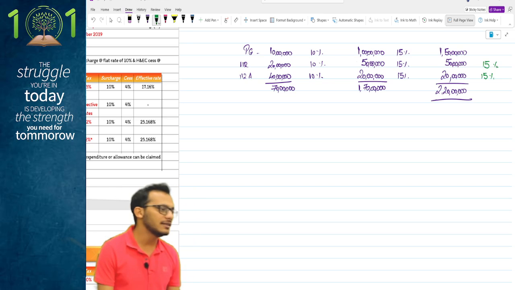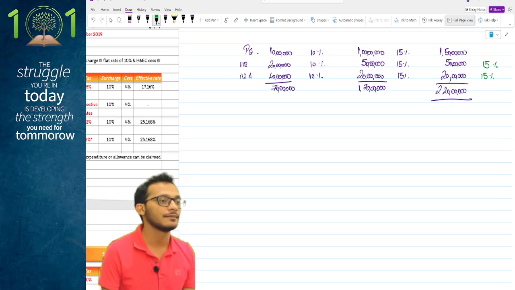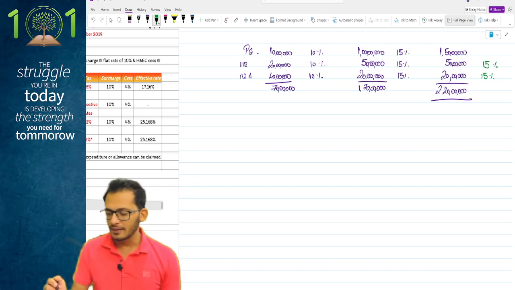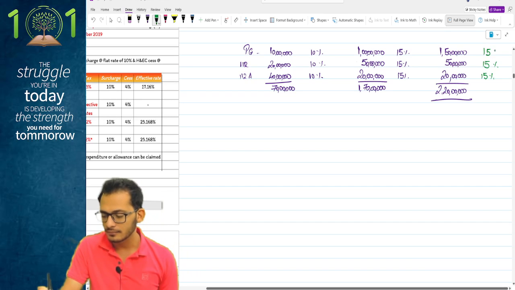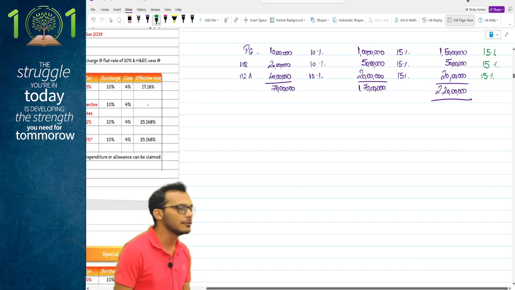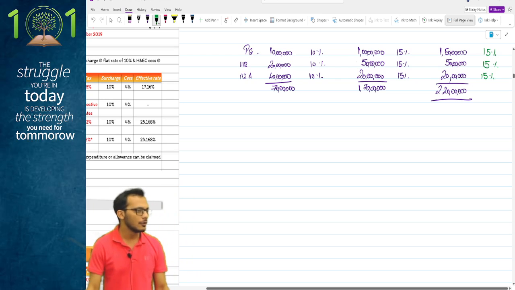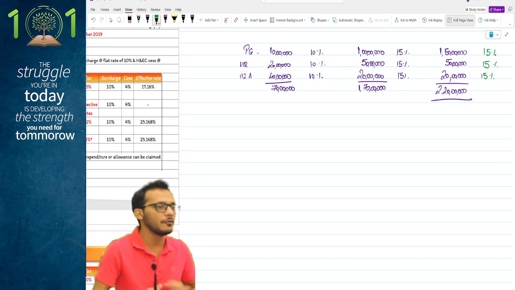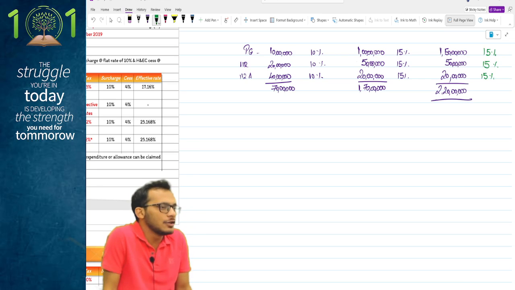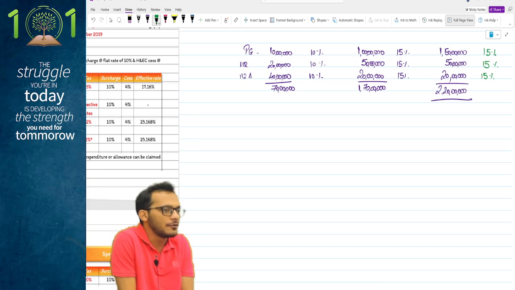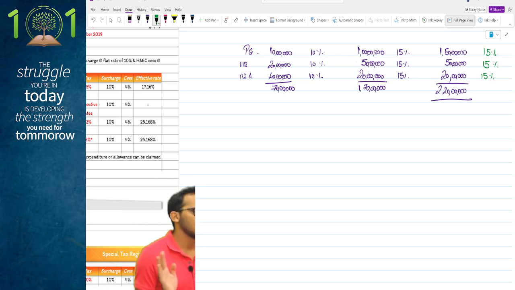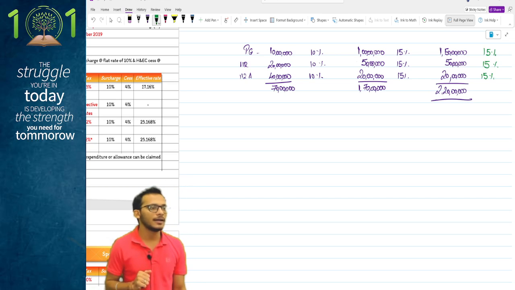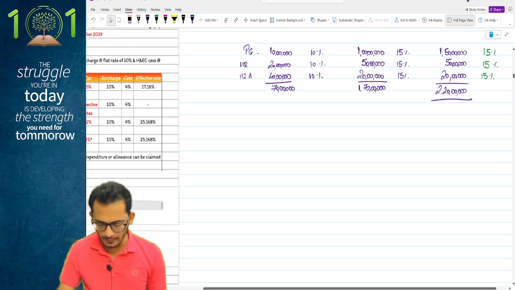No. Income tax came and said, boss, if it is a scenario like this, revert back to 15. Don't go for 25, because understand, I am being asked to pay 25 only because of my special incomes. Had these not been there, I would have been only at 15. So therefore, I will only pay 15. Correct, not correct? Correct.